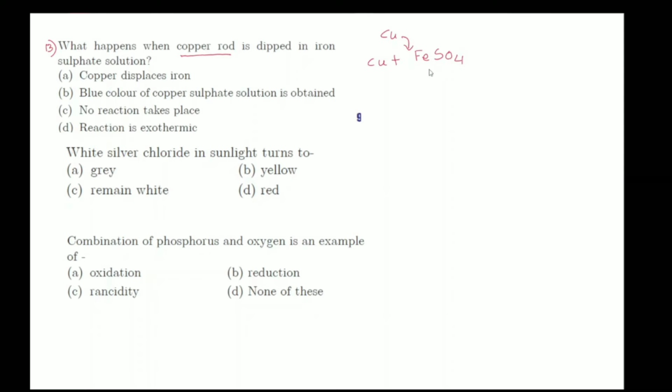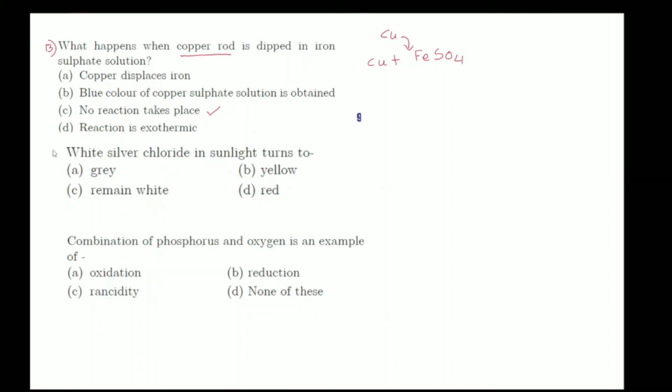So we know that there is no reaction going to take place. And what will be the reason? Why no reaction? Because copper cannot displace iron from its solution. Okay, because it is less reactive metal than iron. Therefore, no reaction will take place.